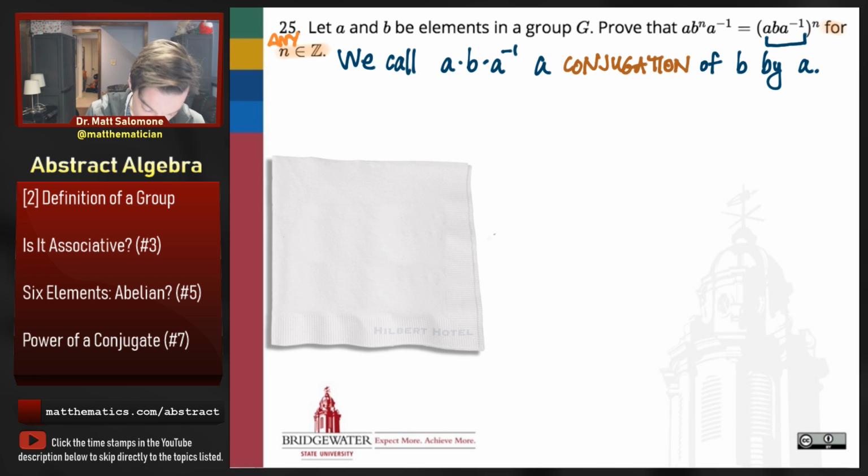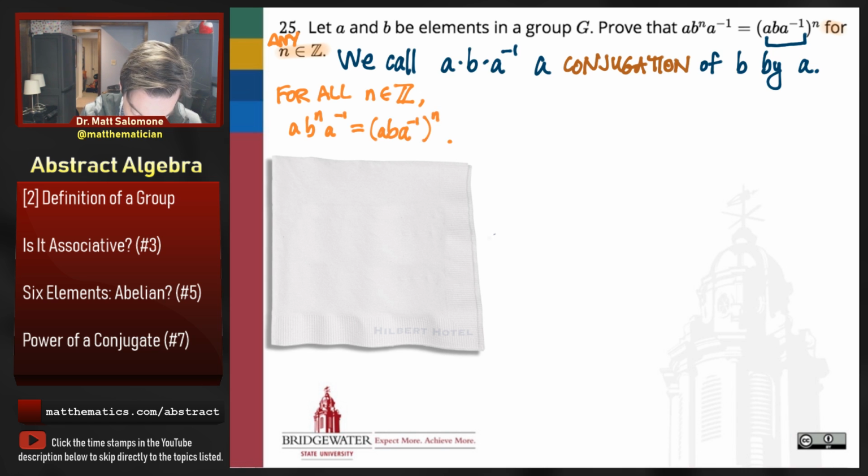Just like in our first proof, the logical structure includes this universal quantifier. For all integers n, we have A B A inverse to the n equals A B^n A inverse.